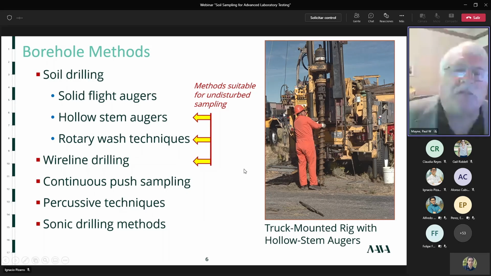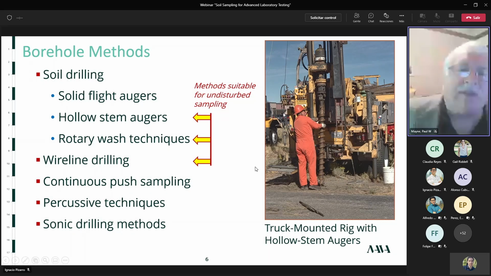So we have different types of borehole methods. We have soil drilling methods where we use solid flight augers. Those are kind of awkward because you have to remove them from the borehole each time you want to take a sample. We have hollow stem augers. Those are probably the most common here in the United States of America. You see a picture of a truck-mounted rig with hollow stem augers here in Carson City, Nevada.